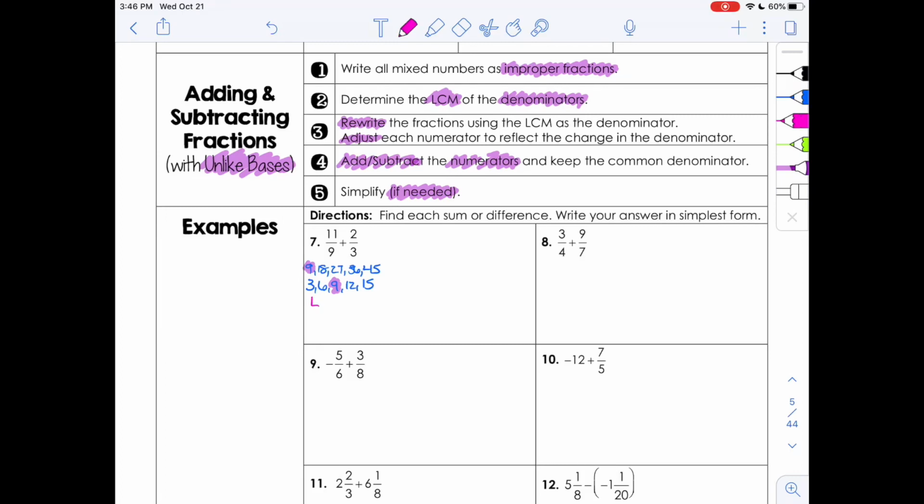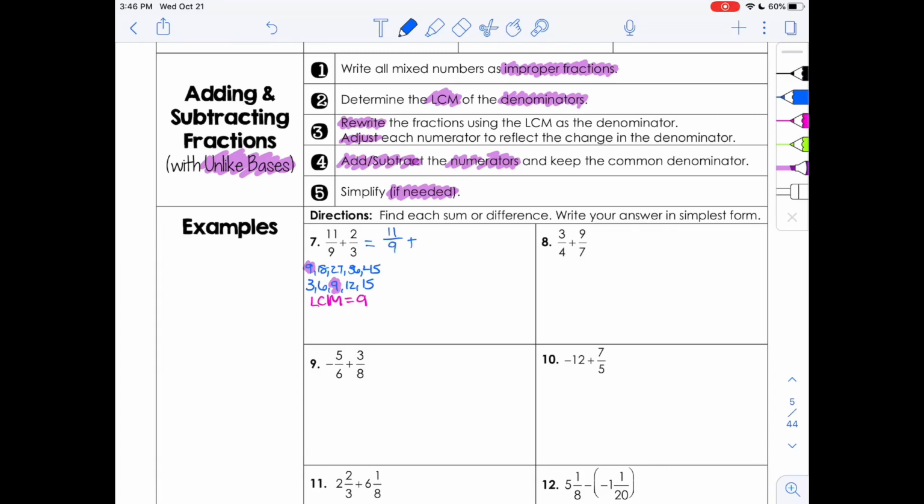So our least common multiple is 9. And we're going to use that as our common denominator for our problem. If you notice, our first fraction already has a denominator of 9. So we're going to leave that fraction alone. We're going to keep it 11/9.